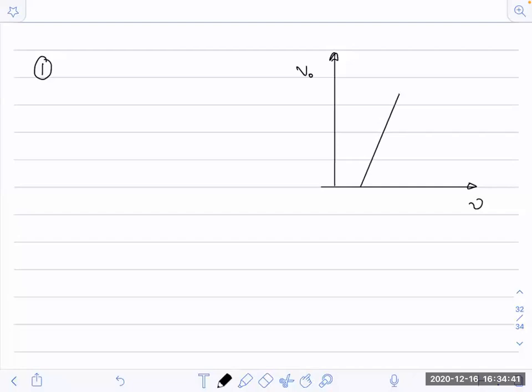I am drawing two curves here, A and B. Can you tell me which has more threshold wavelength? More threshold wavelength will be for which material? Tell me.